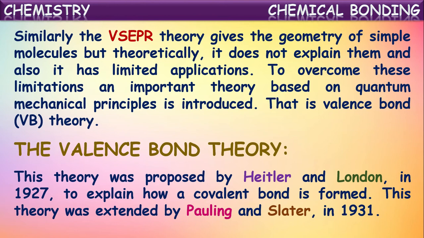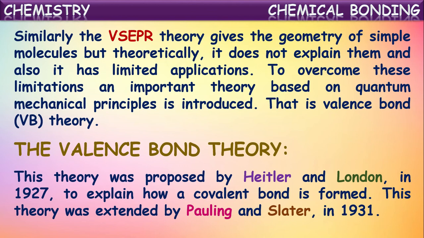The earlier concepts did not explain the reasons for bond formation, and why there are differences between different kinds of molecules even when they have single bonds or double bonds. To explain all of that, this valence bond theory was proposed by the scientists Heitler and London in 1927.